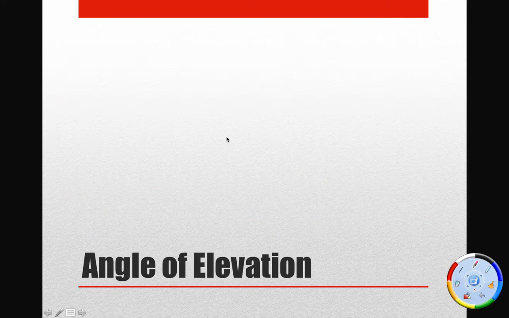All right, next definition, angle of elevation. A lot of the word problems we deal with involve this idea. We also have an angle of depression, but that's on the next page. An angle of elevation is measured up from the horizontal.